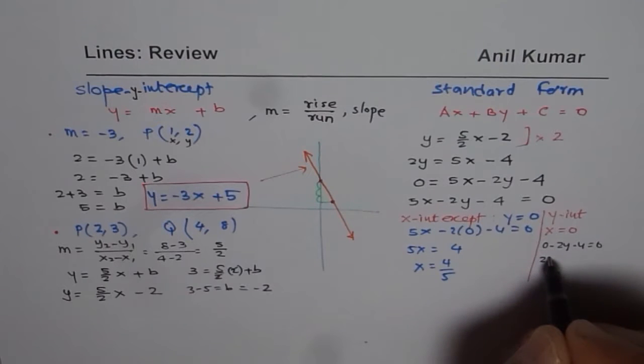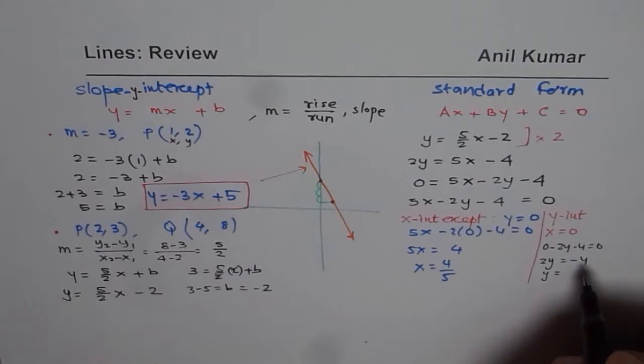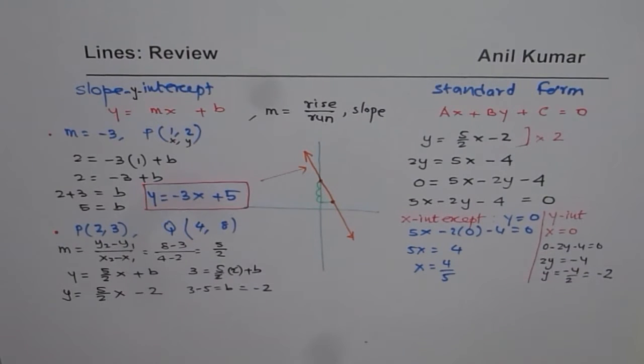Or we can say 2y equals, bringing 2y to this side, minus 4, and y equals minus 4 over 2, which is minus 2, right?